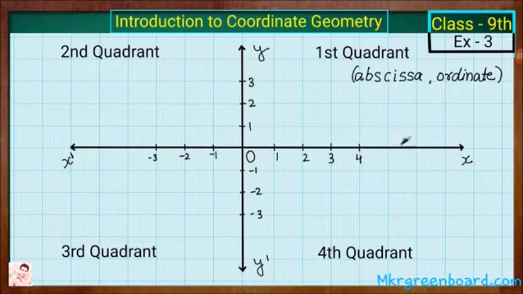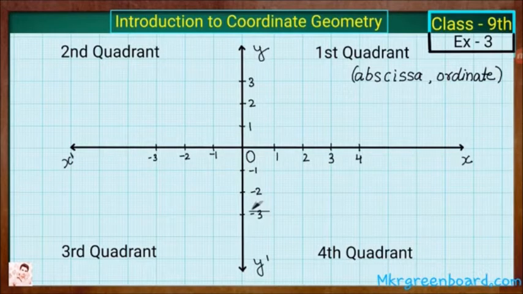From the origin you can mark points 1, 2, 3, 4. On the left side it is -1, -2, -3 on the x dash axis. In the y direction it is 1, 2, 3, and on the y dash it is -1, -2 and -3.